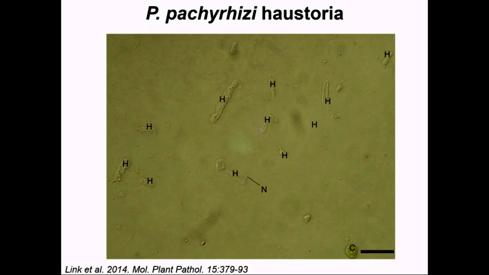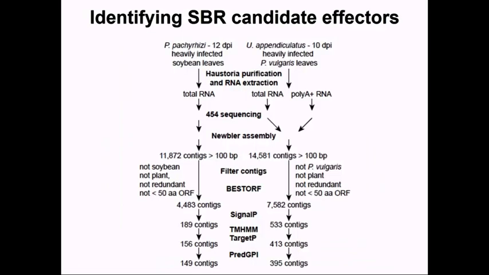Seeing this neck on this body is kind of a giveaway that these are haustoria. So we isolated the haustoria, extracted RNA, made cDNA, and then did 454 sequencing and assembled this haustorial transcriptome.